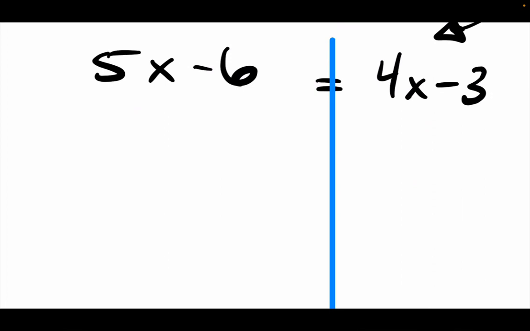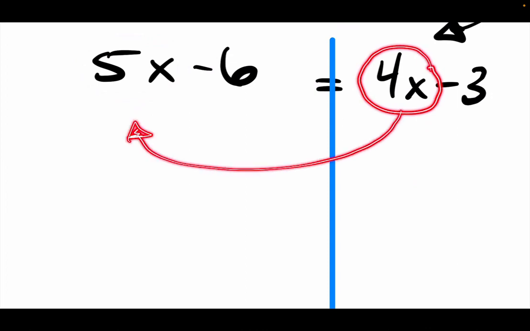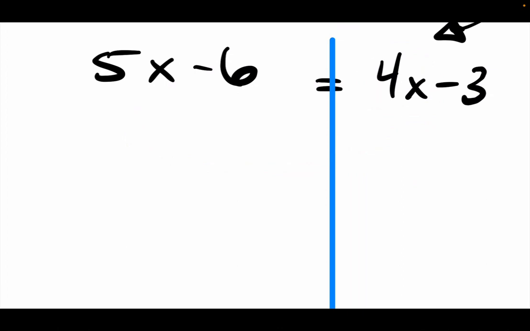Keep the big guy where he's at. Wherever the big guy is at, keep him there. In this case, the big guy is 5x, right? 5x is bigger than 4x. So we're going to keep this guy there. So what she told me to do is move this guy over here. That works. How do I do that? Minus it.